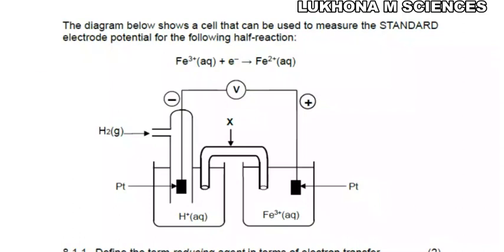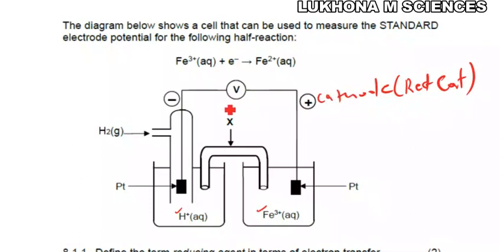So we have a cell with a hydrogen ion and Fe ion. So this side is positive. This is the positive electrode, meaning that this one is a cathode. So you must think of red cat, which means the reduction takes place at the cathode.